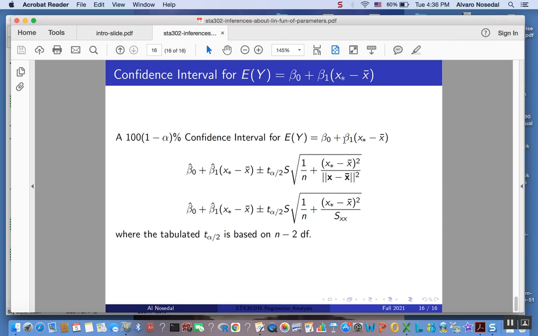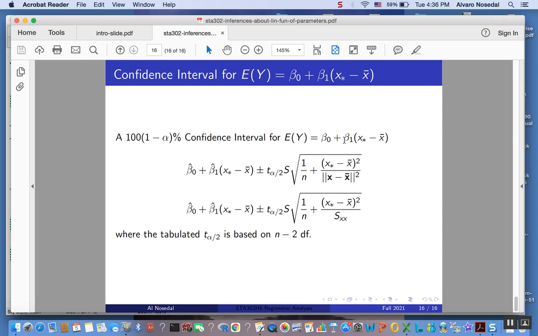And then we combined what we have shown so far about our estimators of beta 0 and beta 1. We have used the distributional consequences of our assumptions on the random fluctuations, the epsilons.